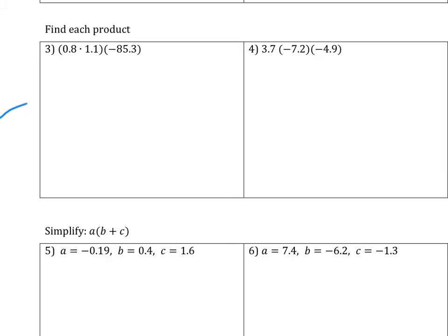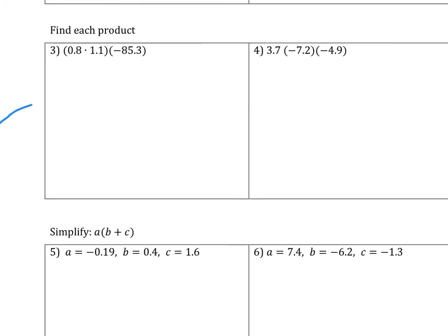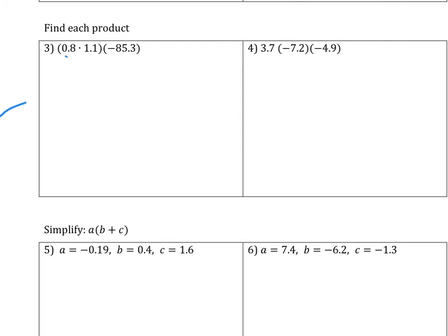Number 3, find each product. So the first thing I'm going to want to do is multiply these two together right here. 1 1/10 times 8/10, and that is going to be 8. 1 decimal place, 2 decimal places. So that is going to be my first answer, and now I'm going to multiply that by this one.